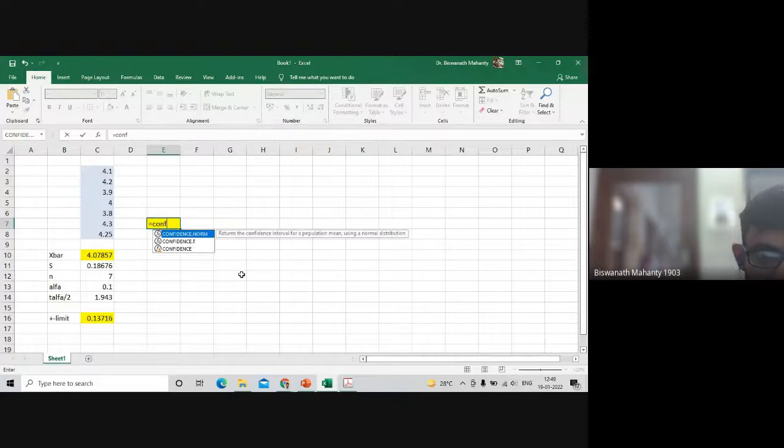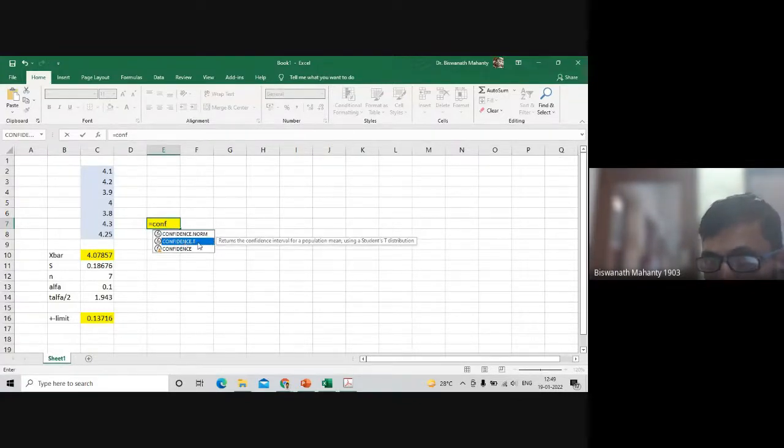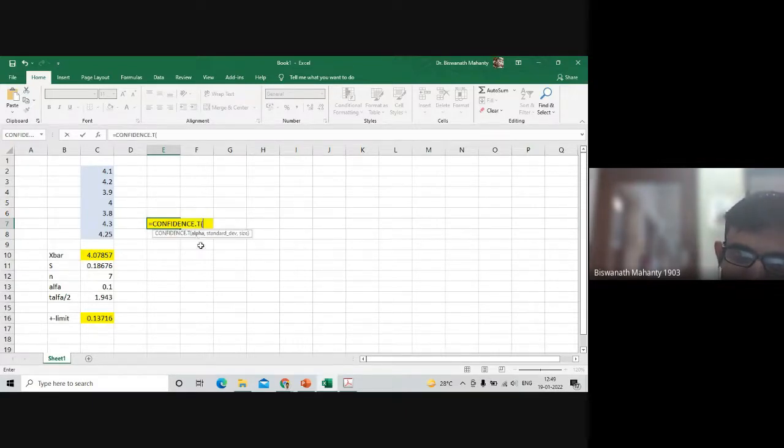So I'm looking for confidence using T distribution. You see, T distribution and normal, using T distribution. So if I'm using T distribution, it is asking a few values. You see the write-up: alpha, it is asking. I'm giving the alpha, then comma, standard deviation, it is asking.